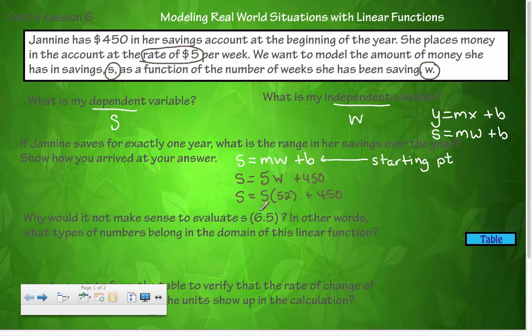When I figure that all out, and you can take out your calculator to figure it out, 5 times 50 is 250, 5 times 2 is 10, so there's $260 here, plus the 450, so that gave her a grand total of $710. So her range was she started off with 450 and she went all the way to $710. That would be the range of this function.